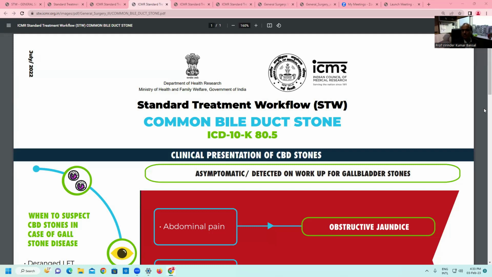And as Dr. Ashu also said in the beginning, these are important guidelines on which the Ayushman Bharat schemes and other government schemes, the reimbursement and the other things are based.